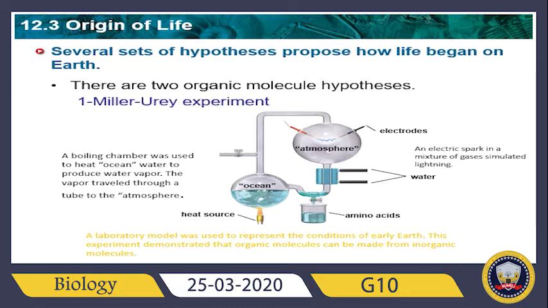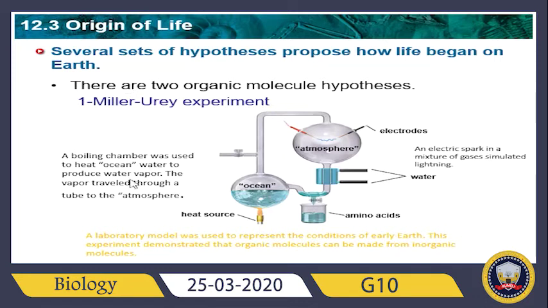These gases, methane, ammonia, hydrogen, and water vapor, were thought to be present in the early atmosphere. The Miller-Urey experiment produced a variety of organic compounds such as amino acids, and later scientists suggested that different compounds were present in the early atmosphere. However, similar experiments using more recent estimates of conditions on early Earth have also produced organic molecules, including amino acids and nucleotides.